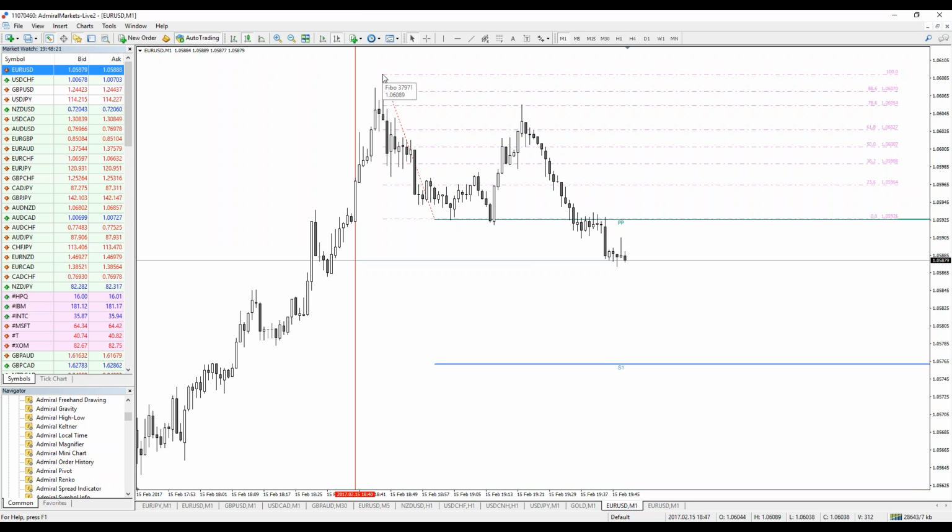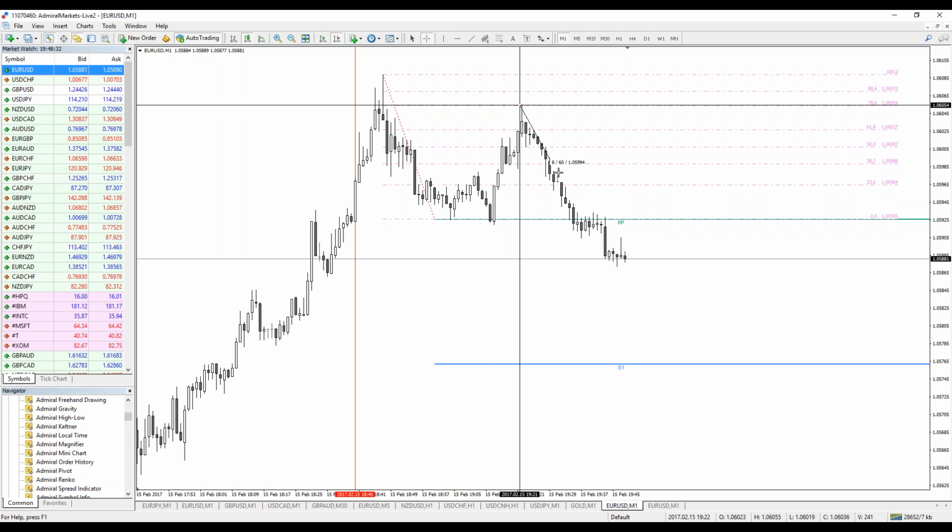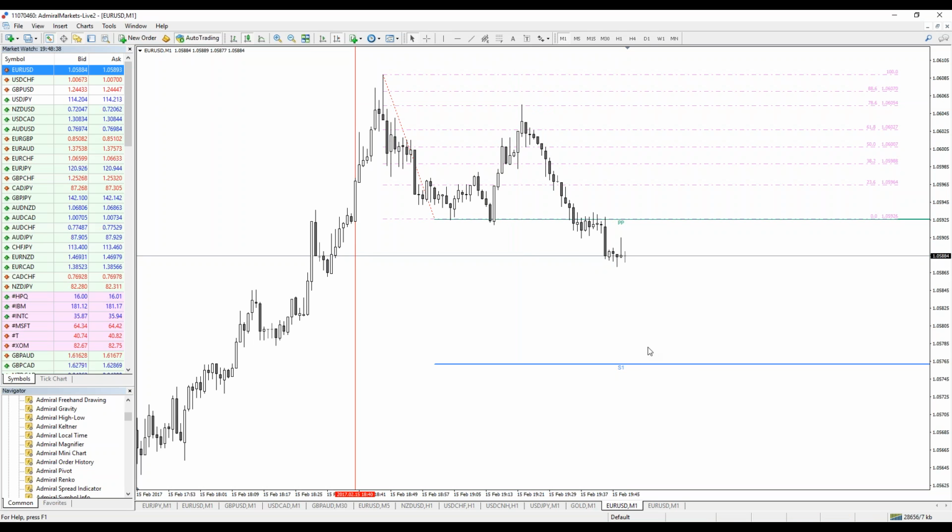So here, start of NFP, end of retracement. It started to retrace, and it hit 78.6. So here you open your trade and just watch. You can take profits here, or you can scale out and wait for the next hourly pivot point. So that is how you might consider trading news.